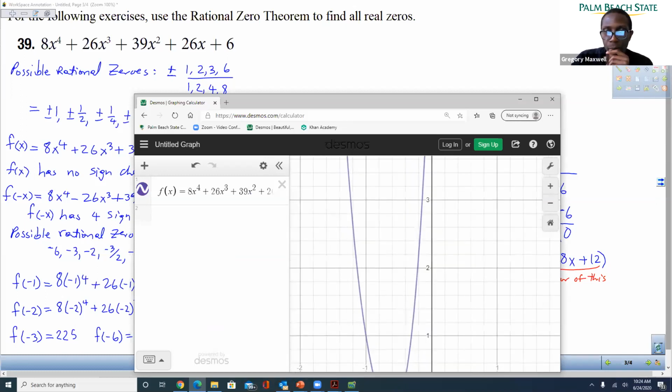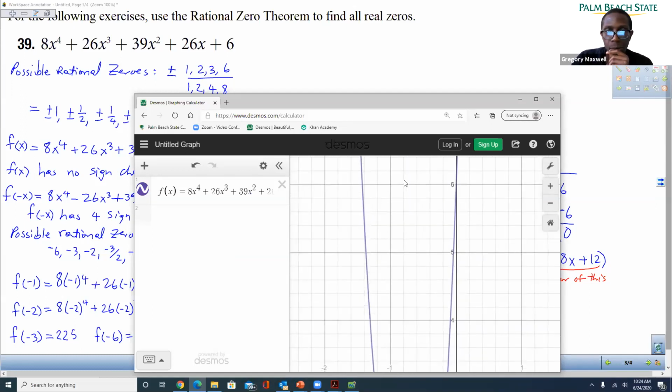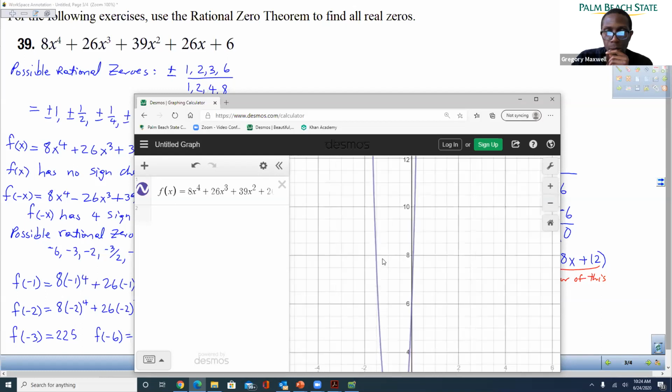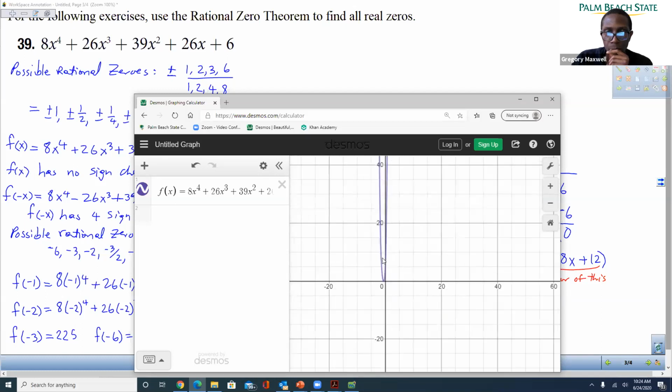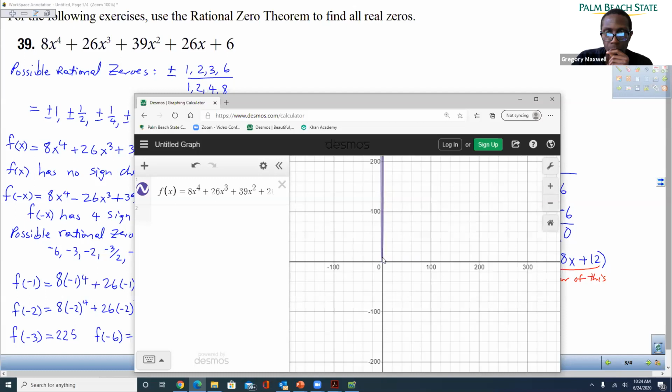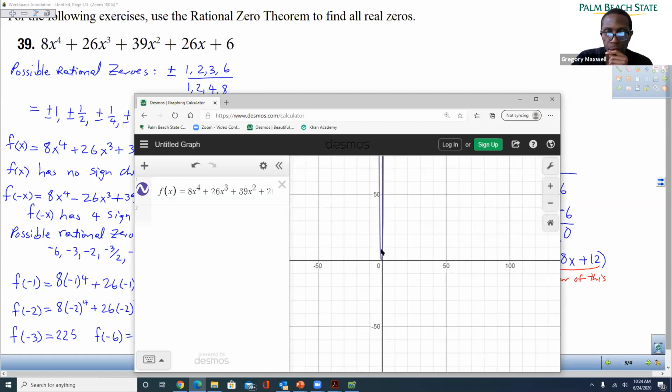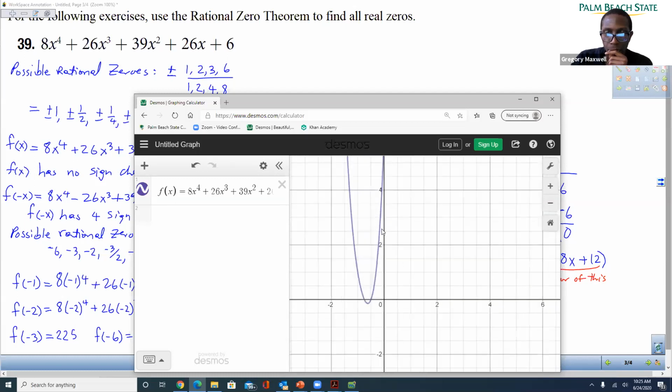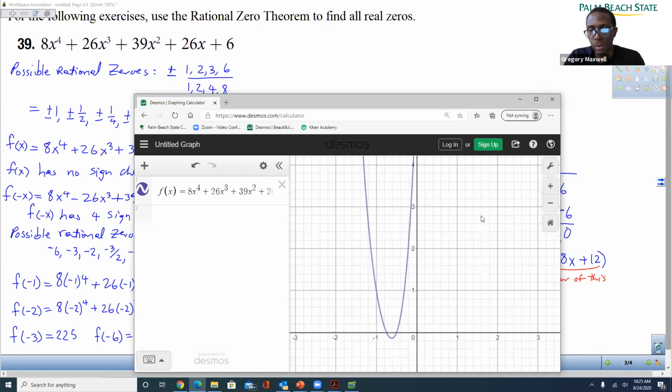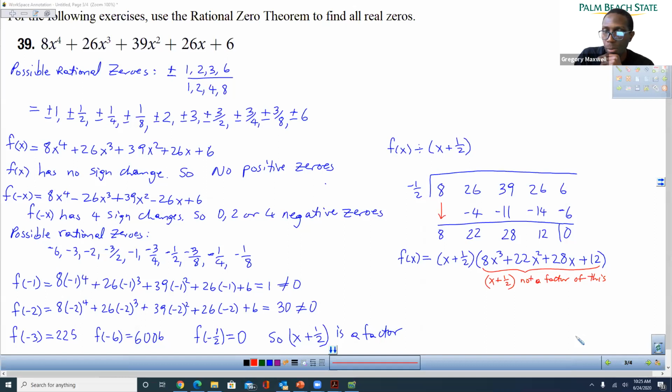Zooming out. Okay, this is kind of messed up. It only has those two real number zeros. So we had 2 zeros, and if you do the Desmos graph, you will see that. How do you put the exponents?